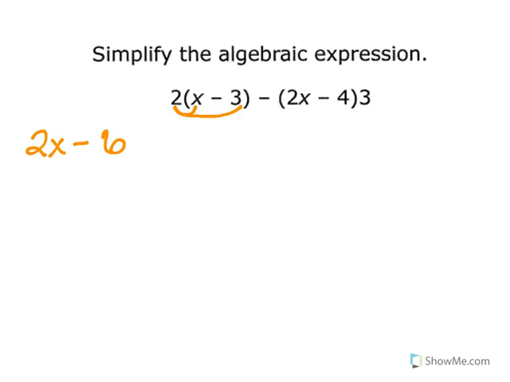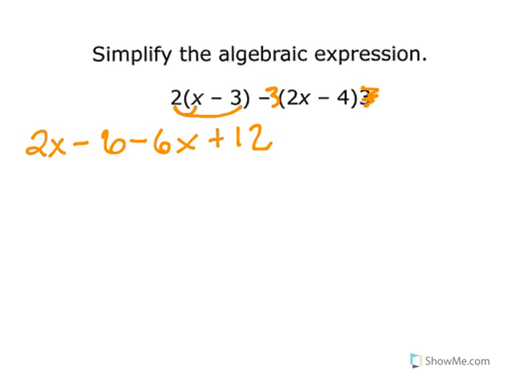Now, if I look at this next expression, they put the 3 at the end. Well, that's kind of confusing, so I'm just going to move that 3 up front. So, negative 3 times 2x is negative 6x, and negative 3 times negative 4 is positive 12.